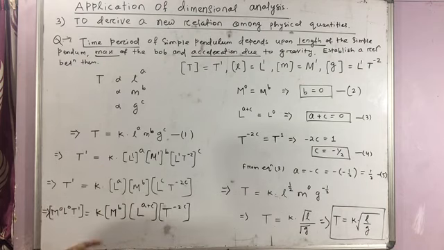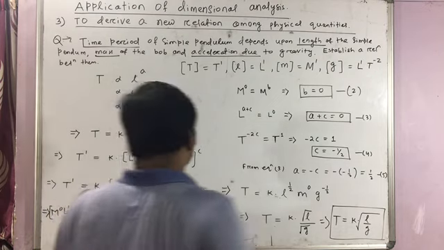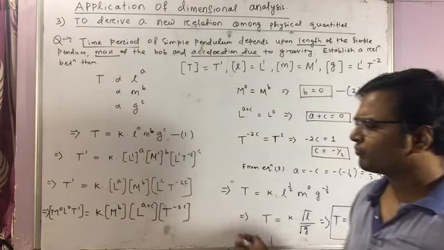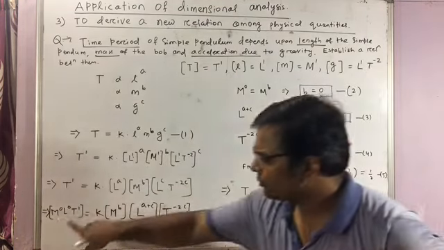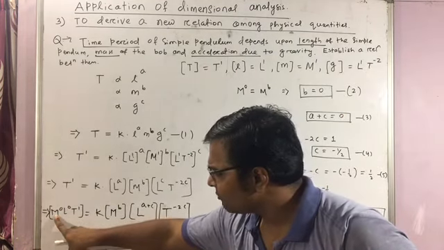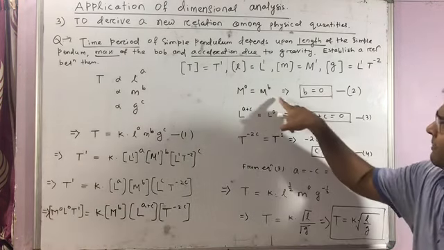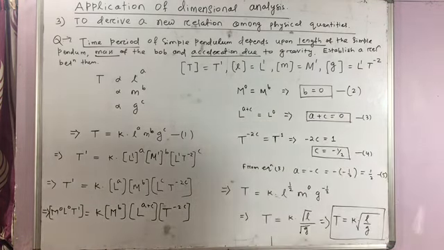So now what you do, just equate the dimension of physical quantity on both the sides, LHS and RHS. Clear? So here all of you just check, the power of M is 0 on one side and b on the other. If you compare this, you are going to get b is equal to 0.